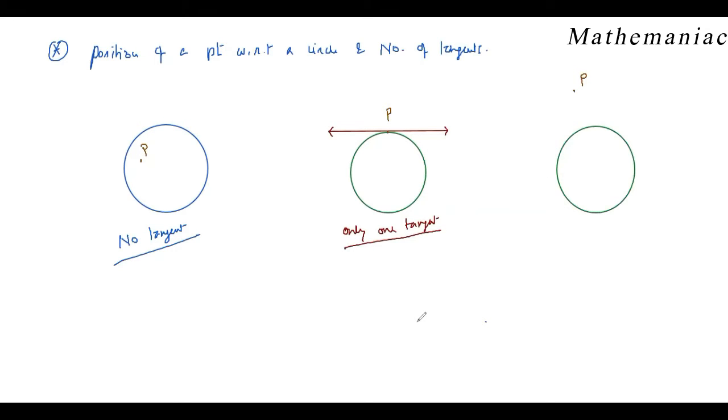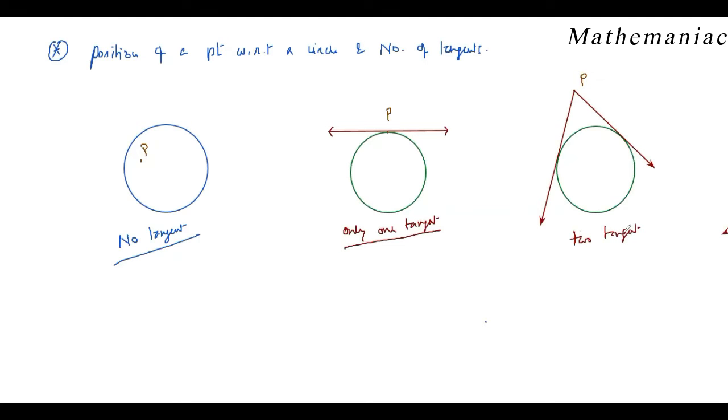And if the point is outside, then we have the possibility of drawing two tangents, one like this and another this way. So these are the things you have to remember. Here we have two tangents.